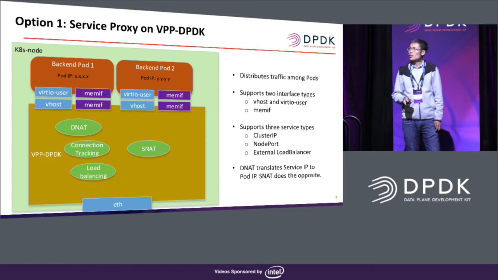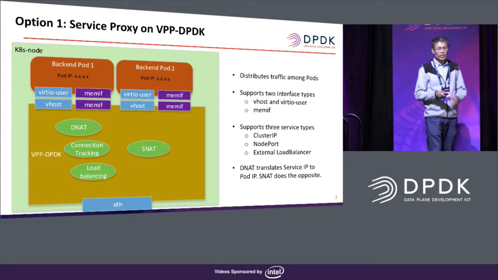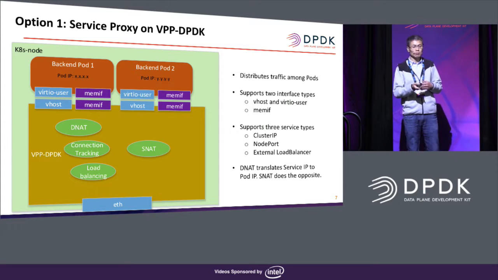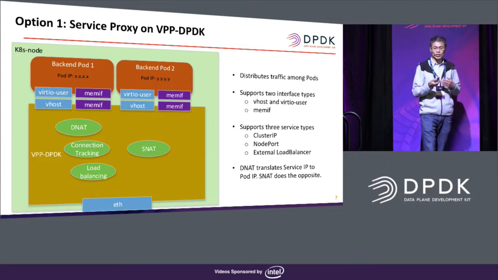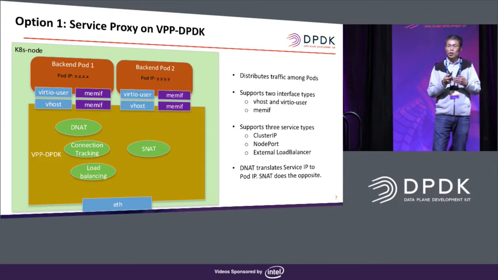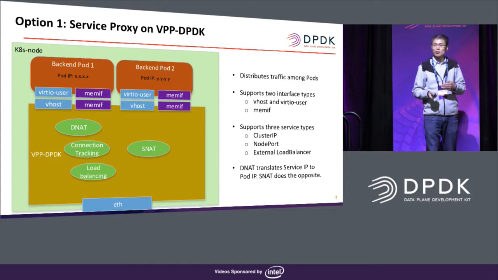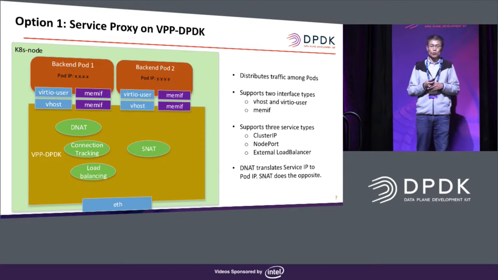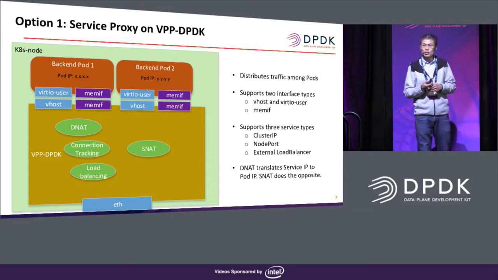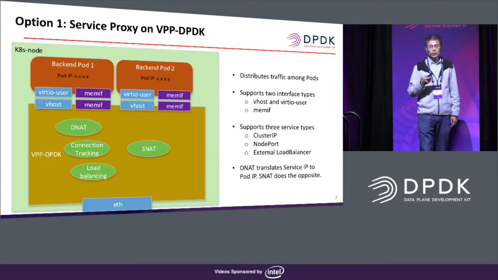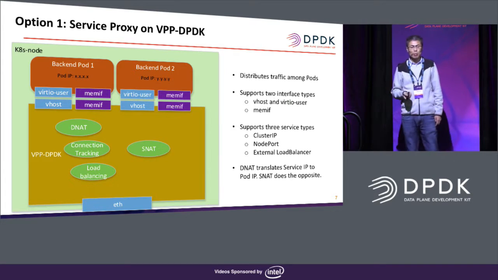For the service proxy, it shares some code with the load balancing, but there are some specific components such as DNAT and SNAT. So for this service proxy, it can distribute traffic between different ports. We currently can support 2 high-performance interfaces, such as vhost-user and virtio, and also memif.